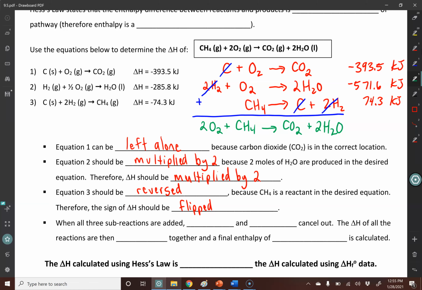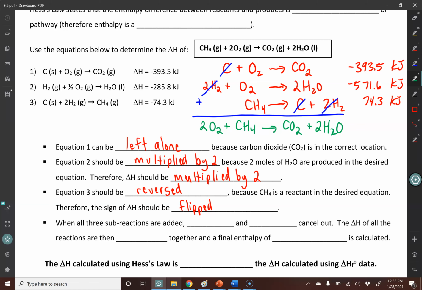If you look at the equation we've written and the goal equation, hopefully you notice that they're the same. Sure, my oxygen and my oxygen and my methane are in two different locations, but they're both on the reactant side of the arrow. That's what matters. So my goal equation and what I've come up with match.